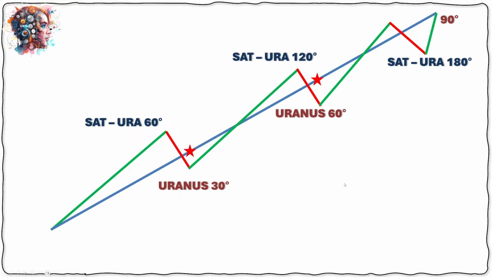So the positions can change depending on the cycle's speed and the time taken to complete the cycles. I hope that is clear. And if that is clear, I will move ahead to the real market charts.